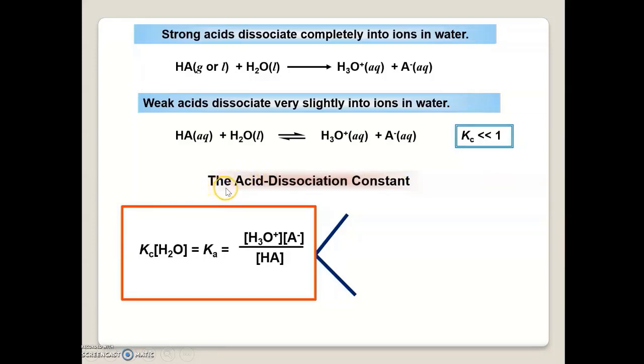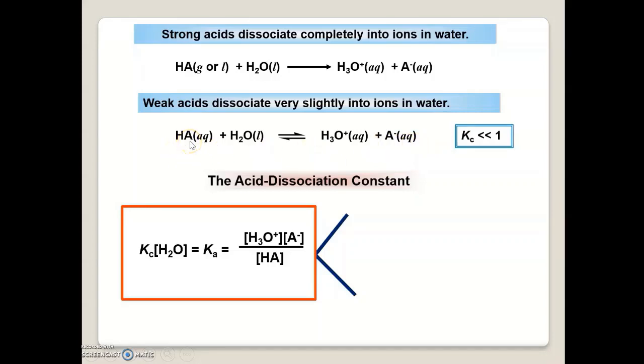So let's look at the acid dissociation constant. We have this reaction: HA plus H2O produces H3O+ and A-. Look at this reversible arrow: it means this is a reversible reaction. It can occur in the forward and also the reverse direction.